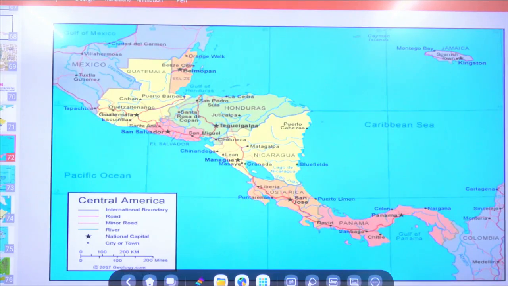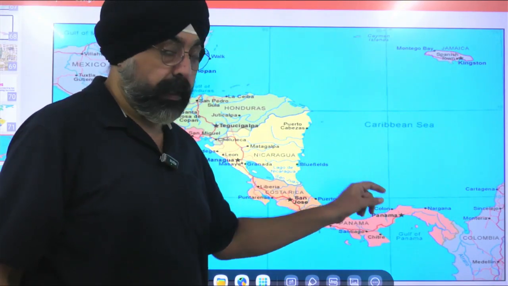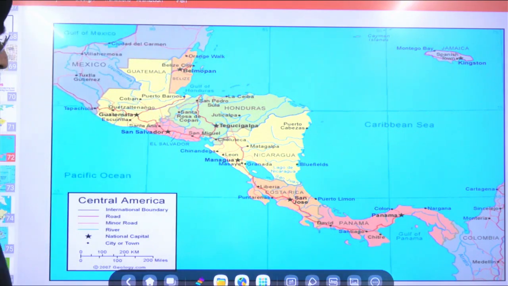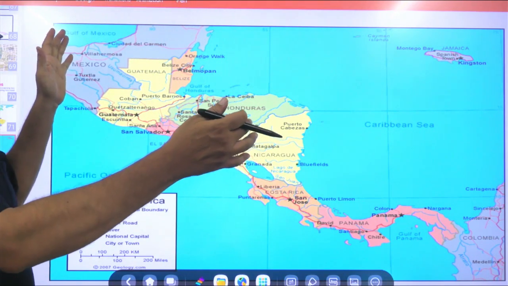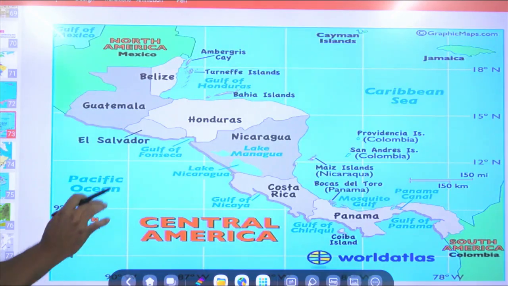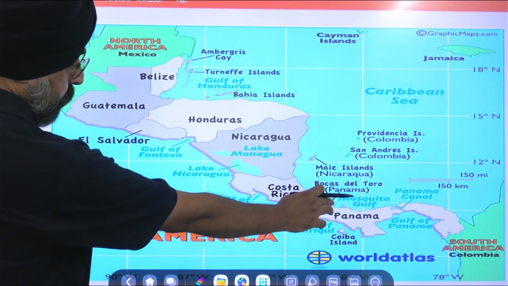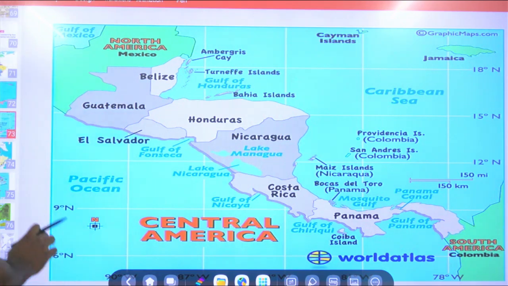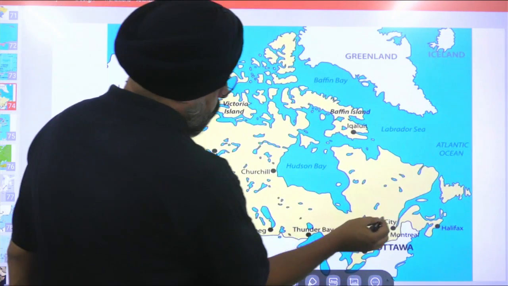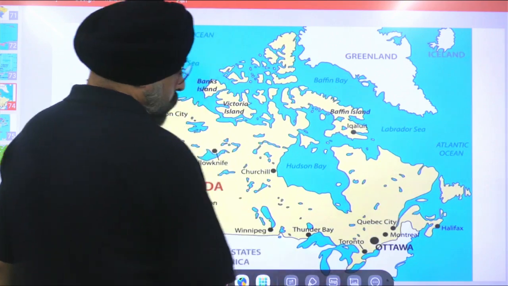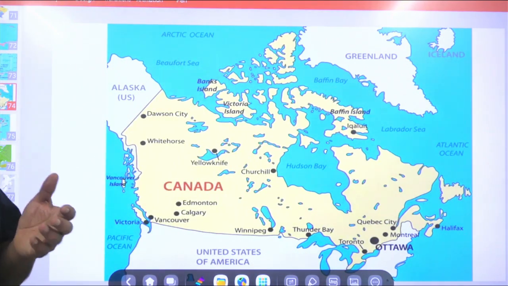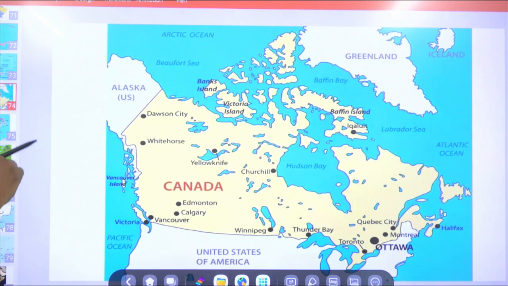Now here you can see the Panama Isthmus, a narrow stretch of land connecting two continents and separating two water bodies. Another close-up, Panama Isthmus. Now see here, can you see this part? This is the Amherst Isthmus, connecting Nova Scotia with the mainland of Canada.